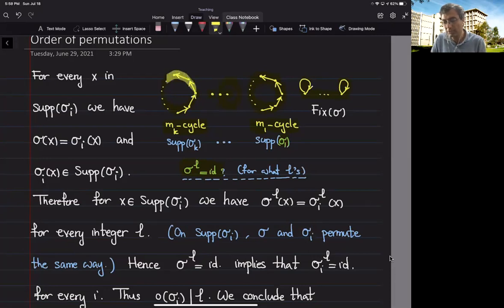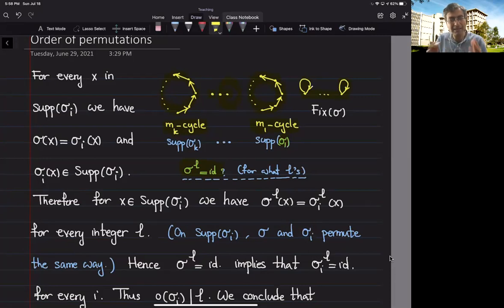It needs to be a multiple of m sub k, because I have to make sure that every point in the kth cycle is mapped to itself. Altogether, I deduce that L needs to be a common multiple of m sub 1, m sub 2, up to m sub k, and that's if and only if.